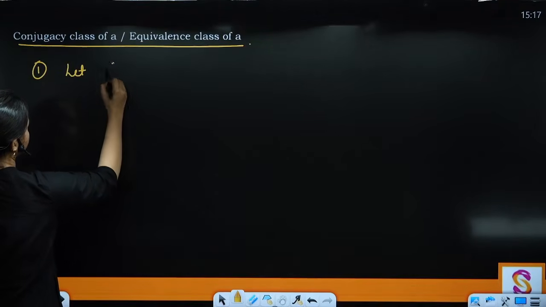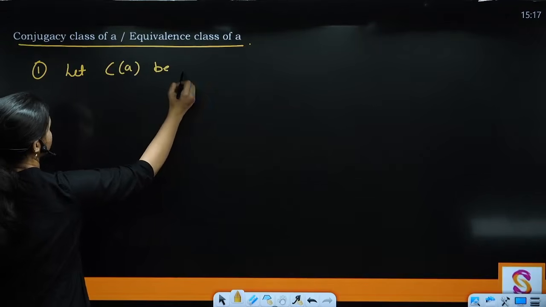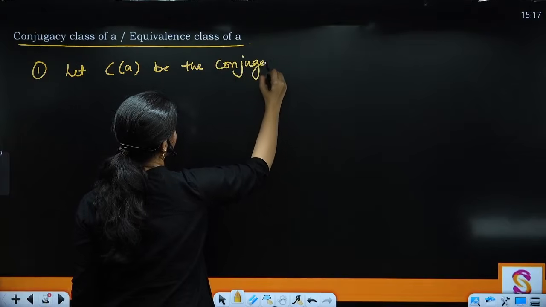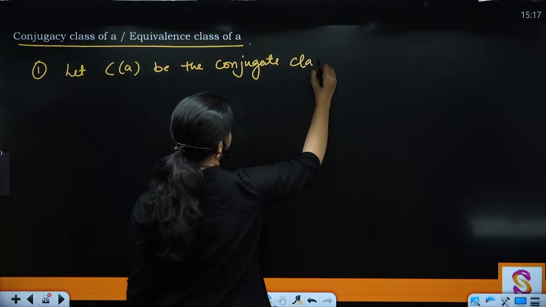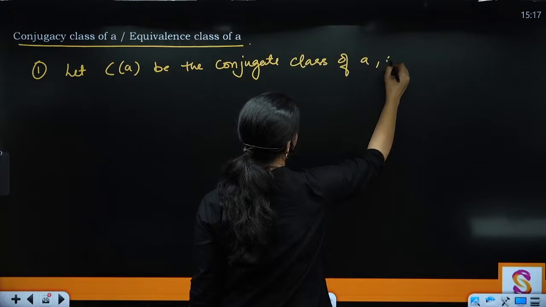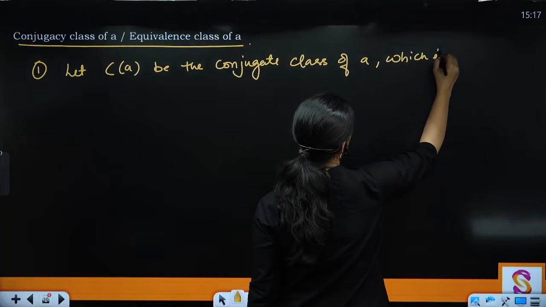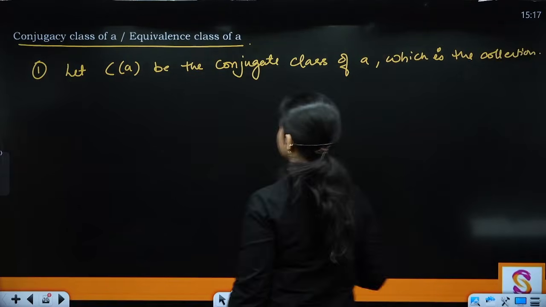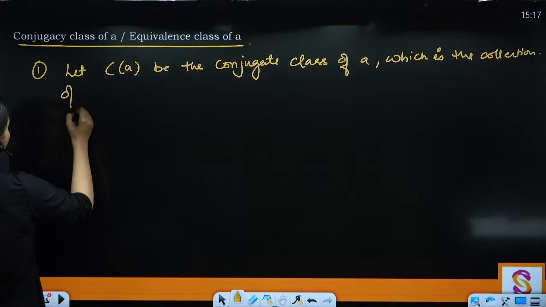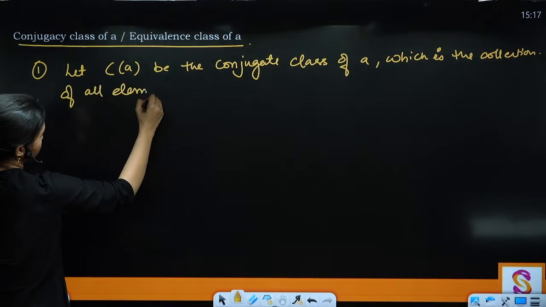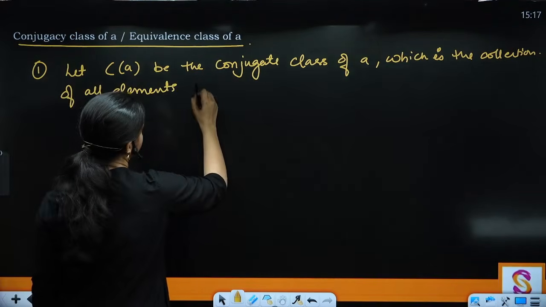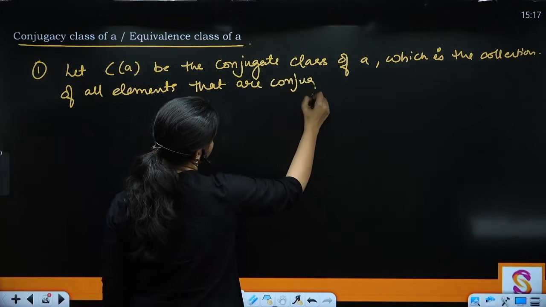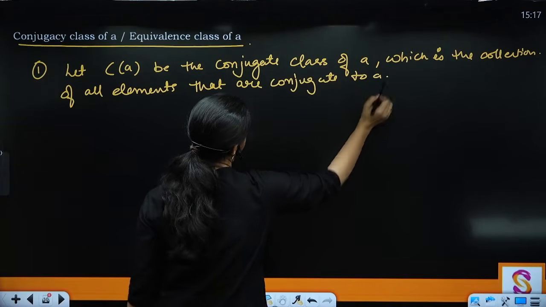So first, let C of A be the conjugate class of A, which is the collection of all elements that are conjugate to A, right?